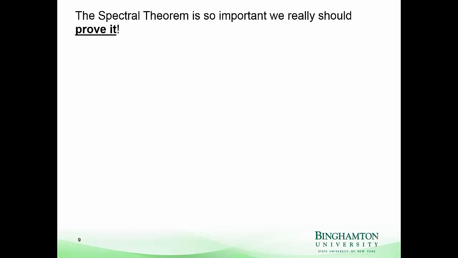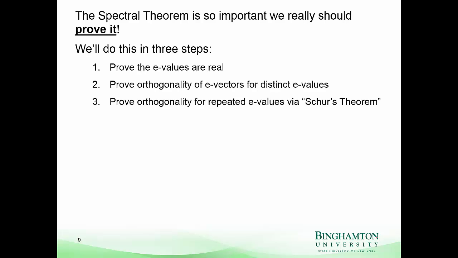So this spectral theorem has a special name, so it's pretty important, and we really should at least make some attempt to prove it. There are a few parts to it that we can prove in various steps. One part was that all the eigenvalues are real, so we can prove that by itself.